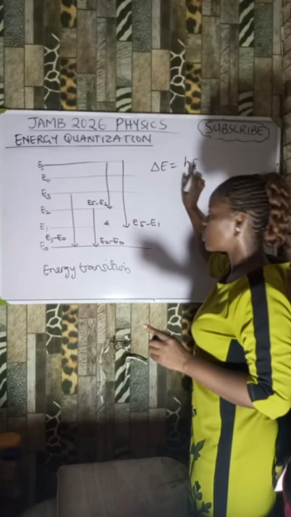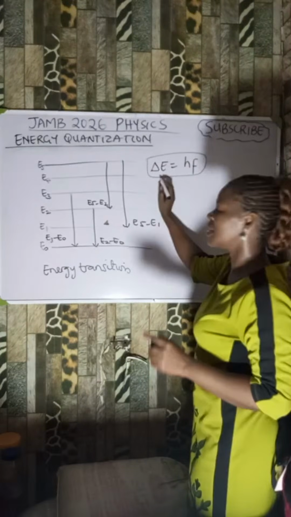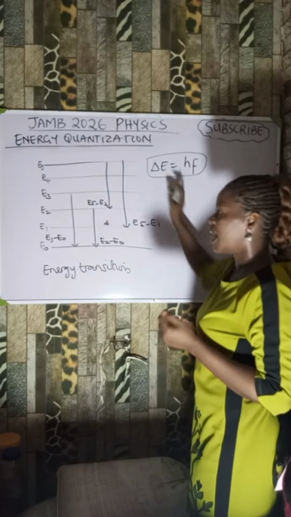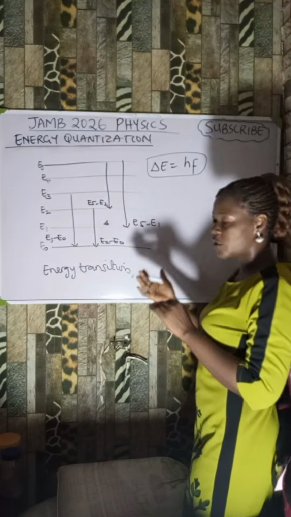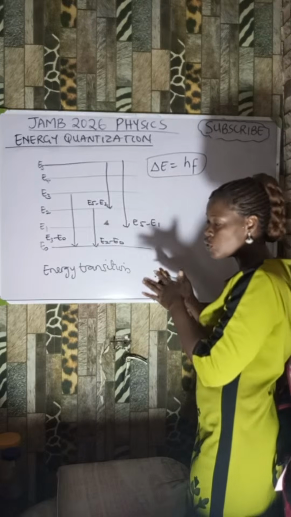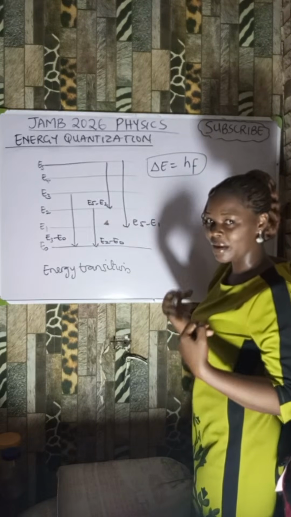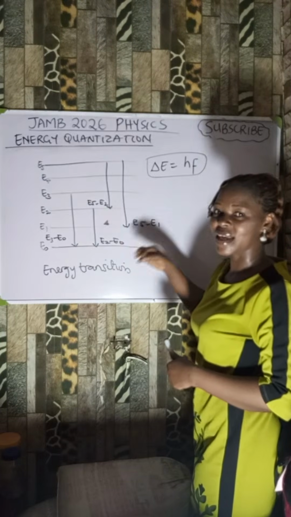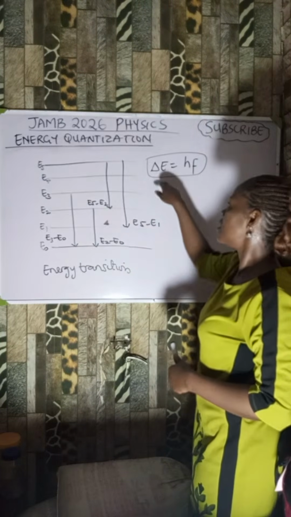Do you understand? So this is the energy of the emitted photon. As this atom is jumping from a high energy level to the lower one, which is their original ground state, they're going to emit a quantum of light, which has a characteristic frequency with this relationship.